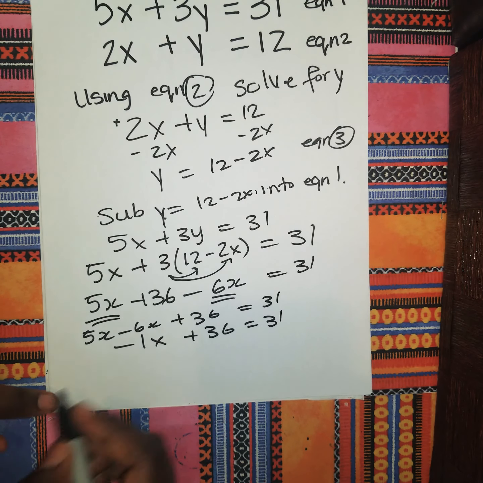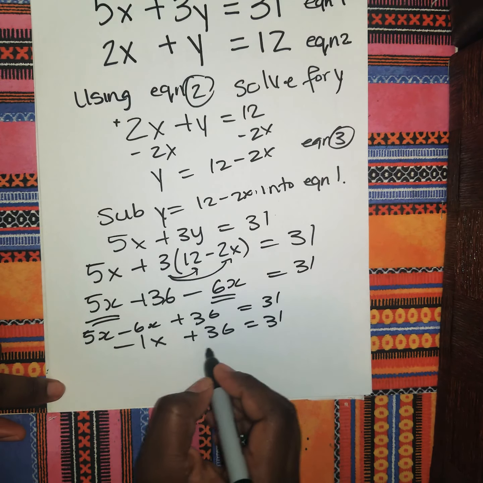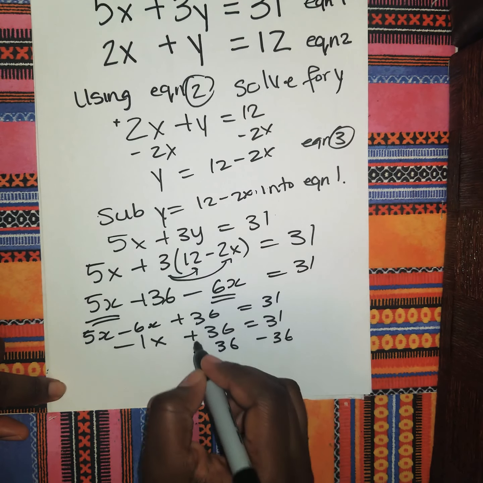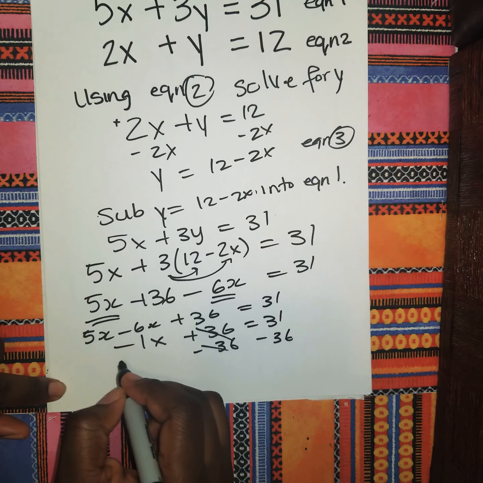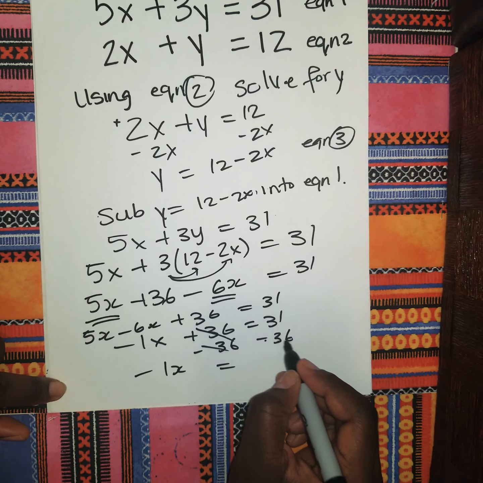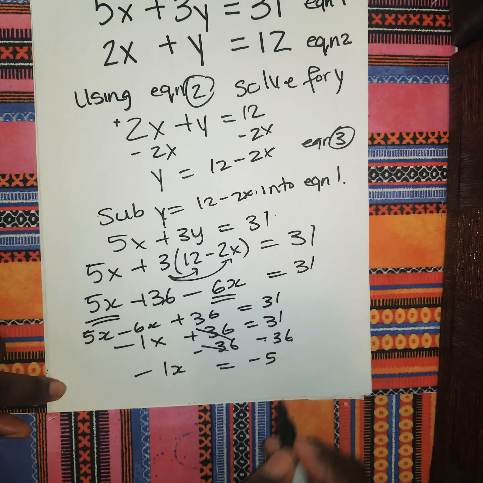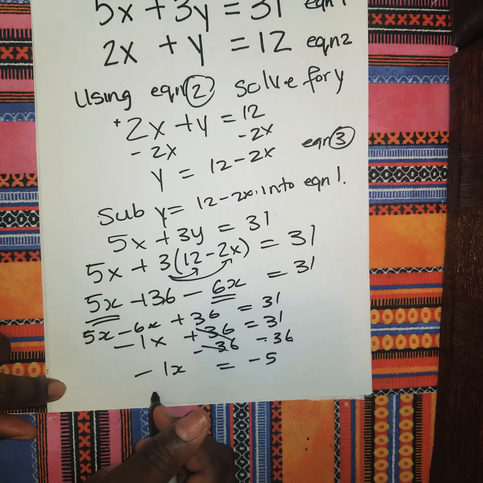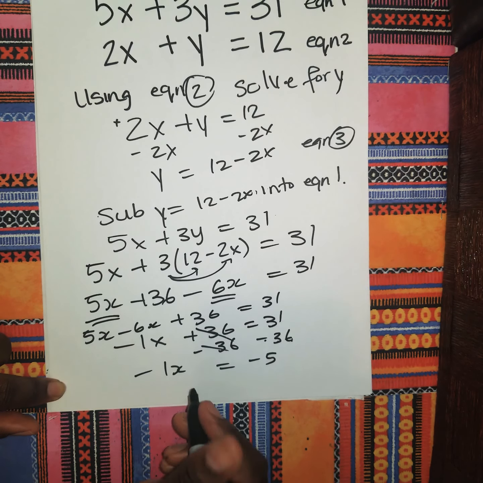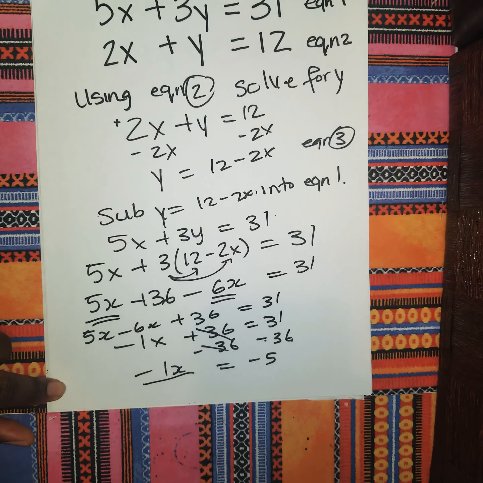Alright, so after having this, I'm going to solve for x. I'm going to subtract 36 from both sides to cancel it. And so negative 1x is equal to 31 minus 36, which gives you a negative 5. But we're not finished because we need a value for positive x and not negative x. So we can multiply by negative 1 or divide by negative 1 to find the value of x.